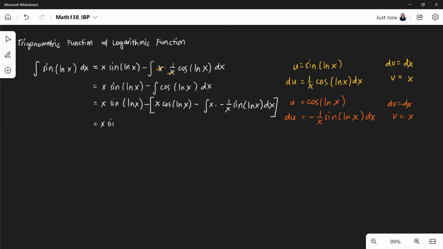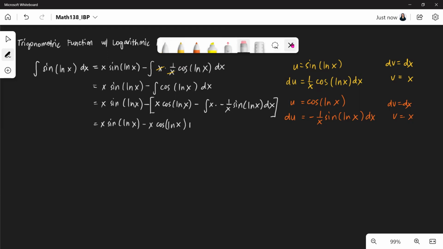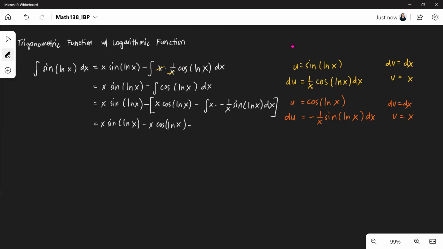So x cosine of ln of x, and then we have minus, and then a minus, meaning plus. But there's a negative sign inside, so it's basically negative. And we have x over x here, so this second term is sine of ln of x dx.